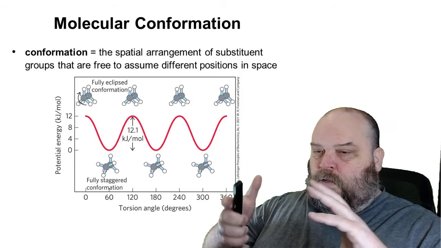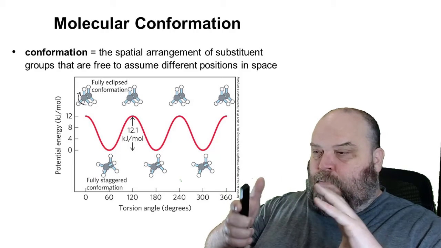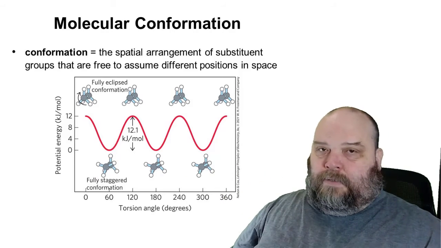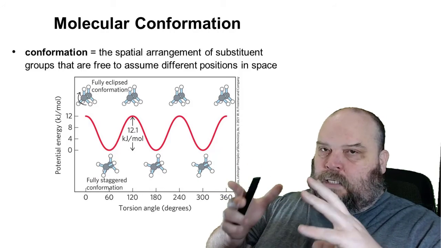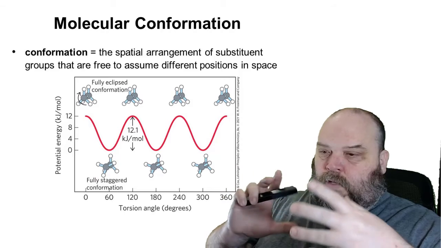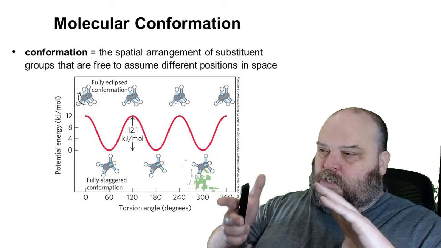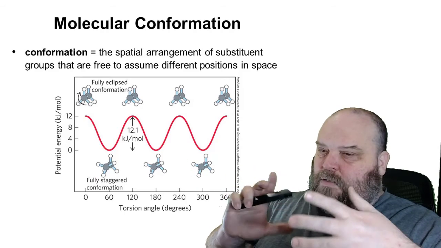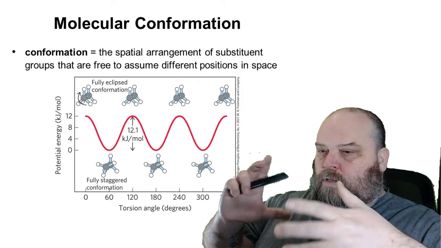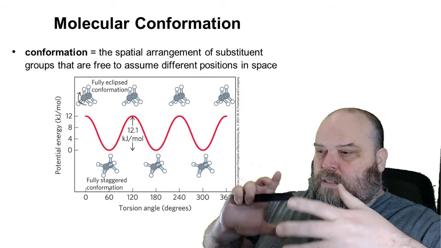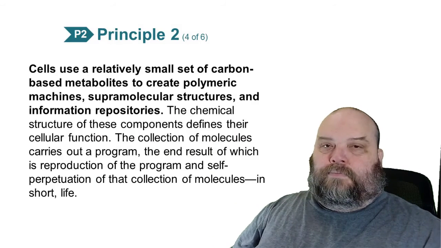It will move and it'll go back. This torsion around that carbon-carbon single bond allows it to change. And it does it in a certain period. This way, then back.